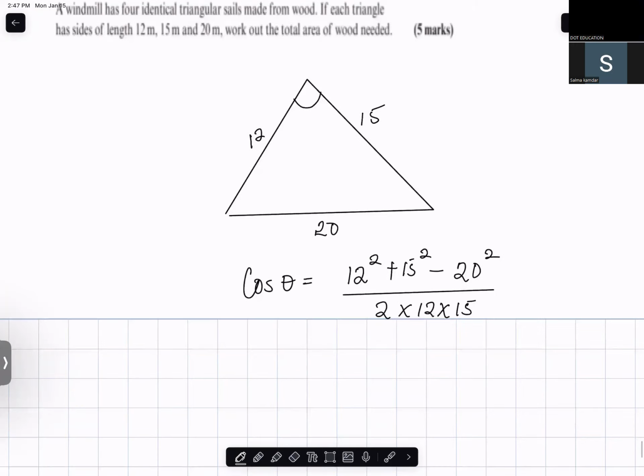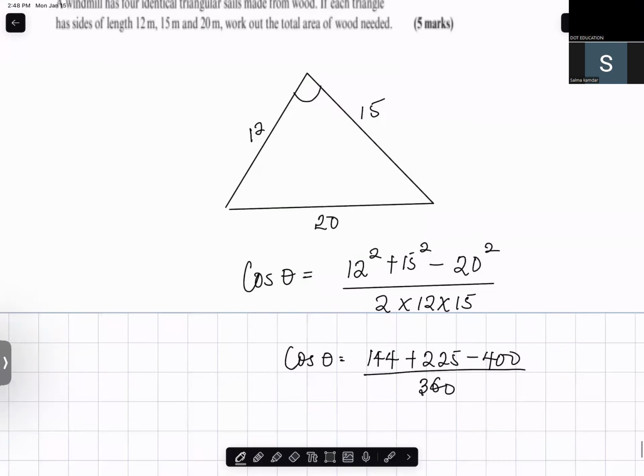So our cos theta is equal to 144 plus 225 minus 400 divided by 360.